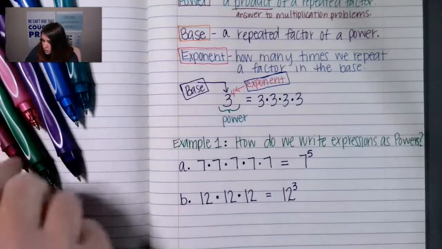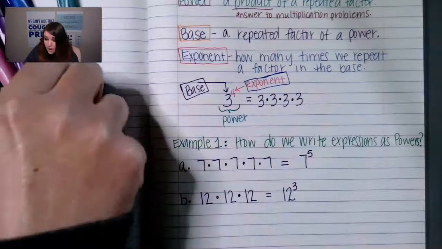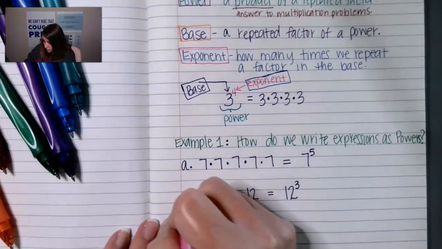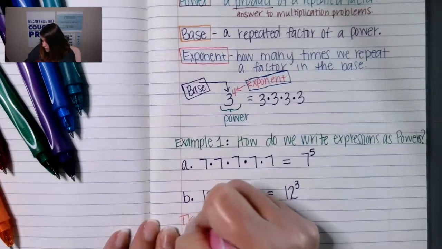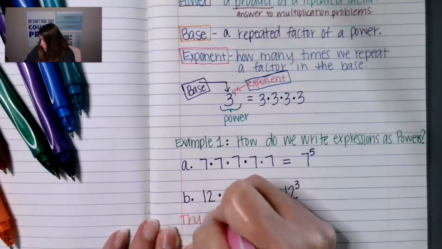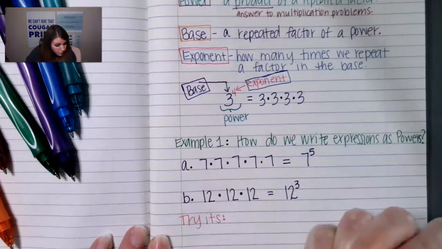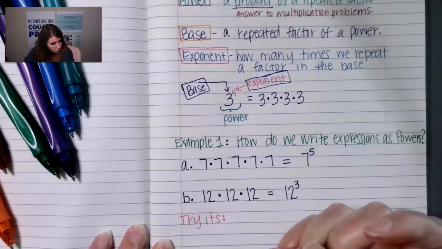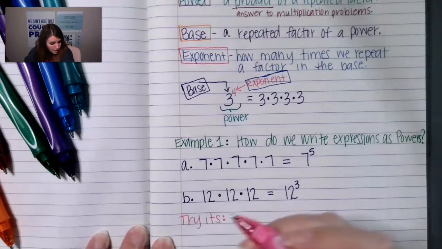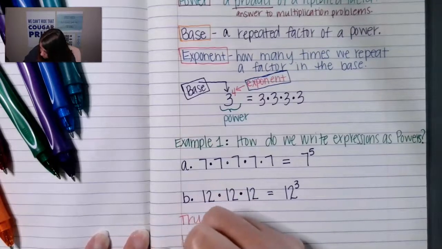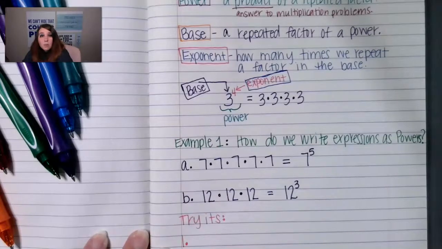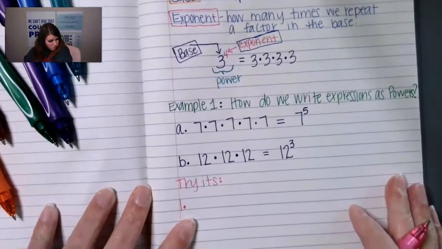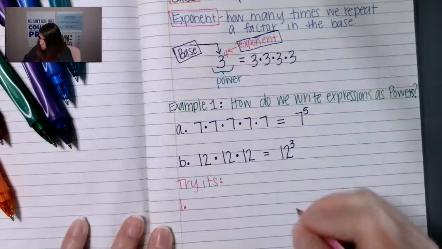I want you to do a try it. Okay, so now it's your turn. You are going to do a try it. We're going to do 2 of them. If you were looking in your math textbook online, this is try it number 1, and I want you to do try it number 2.